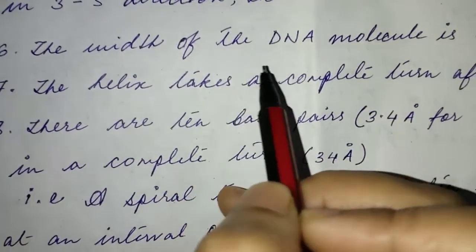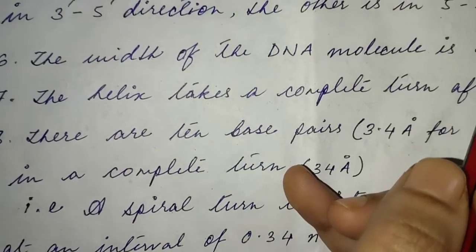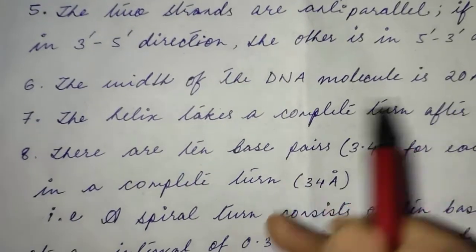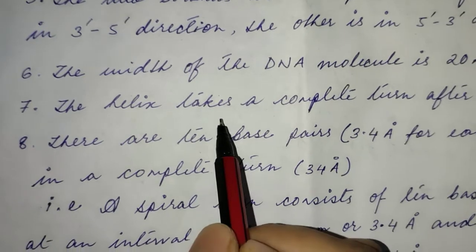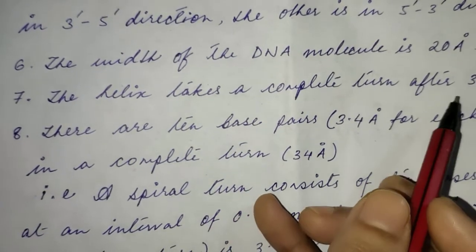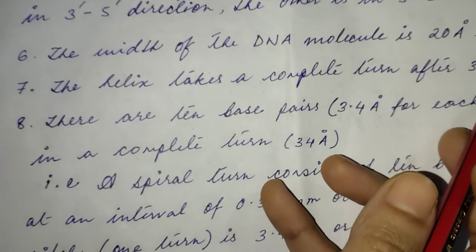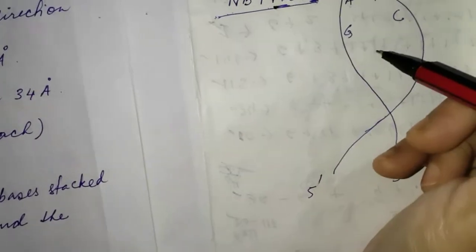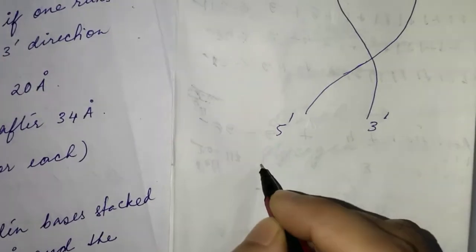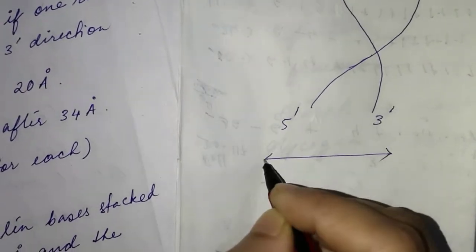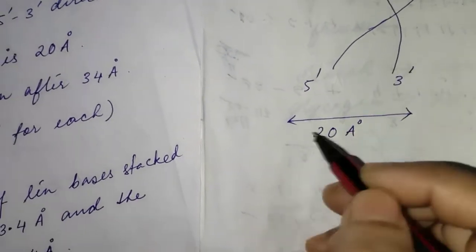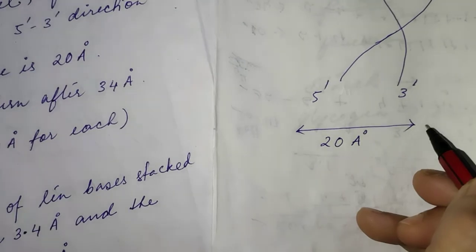Now the width of the DNA molecule is 20 angstrom. The helix takes a complete turn after 34 angstrom. So one complete turn. So I am showing, this is the complete width of a DNA molecule, 20 angstrom.